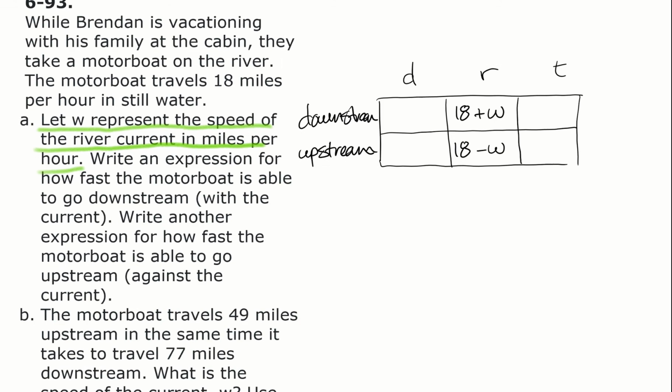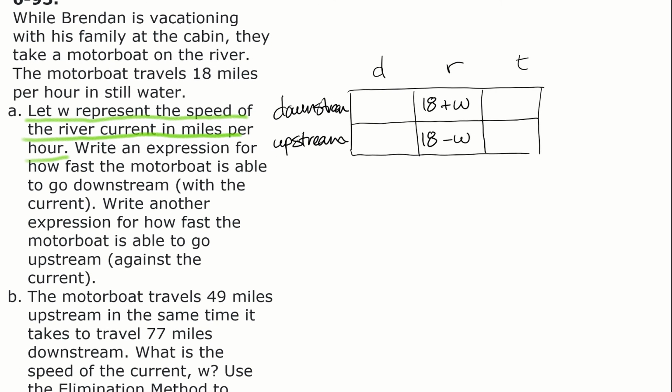Okay, so now the problem says the motorboat travels 49 miles upstream in the same time it takes to travel 77 miles. So it travels 49 miles upstream. So down here, it travels a distance of 49 miles in the same amount of time it takes to travel 77 miles.